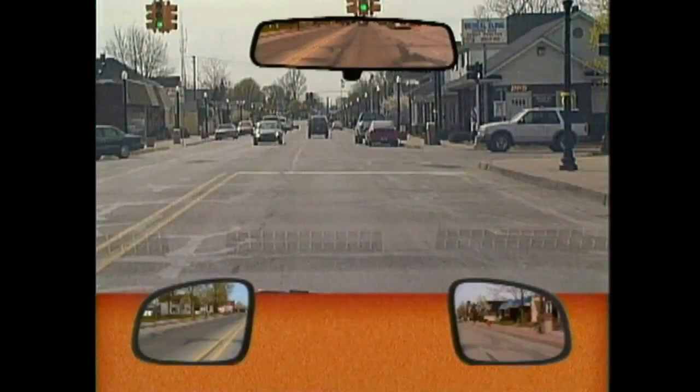What did we see that required our attention? The oncoming car could start its turn before we get there. The truck could make a right on red, or someone could get out of a parked car.